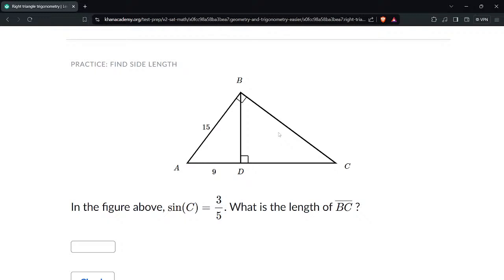Oh, am I dumb? Wait. Sine C is equal to BD by BC. Okay, 3 by 5 is equal to BD by BC. BC is equal to BD times 5 by 3. It's 5 root 34. Yeah, exactly.